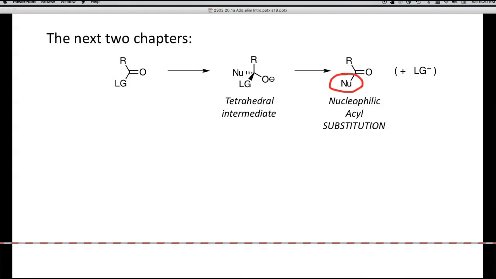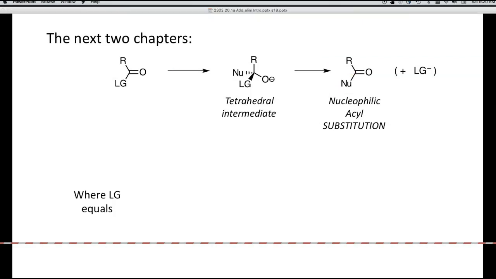So this is referred to as nucleophilic acyl substitution, or Carty refers to it as nucleophilic addition. Right here, here's the addition part. Elimination, here's the elimination part because I lost Lg minus. That is the mechanism for the next two chapters.